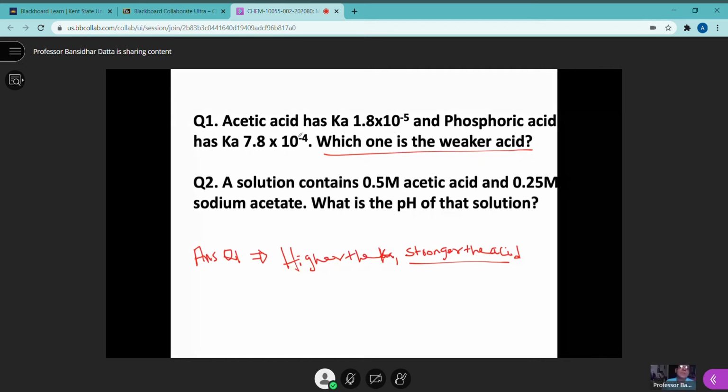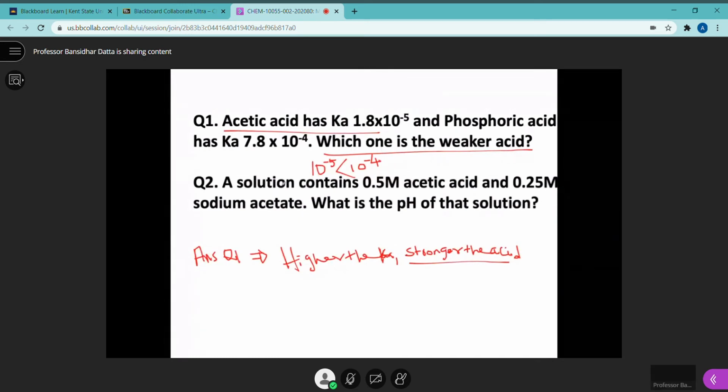Acetic acid, that is correct, because acetic acid has 10 to the minus 5, and this one has 10 to the minus 4. 10 to the minus 5 is less than 10 to the minus 4. Therefore, acetic acid is the weaker acid. Phosphoric acid is the stronger acid. Everybody okay? Any questions?